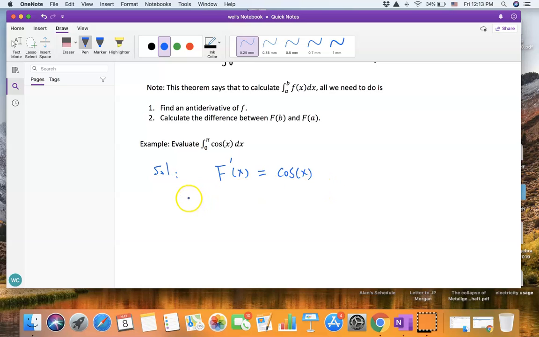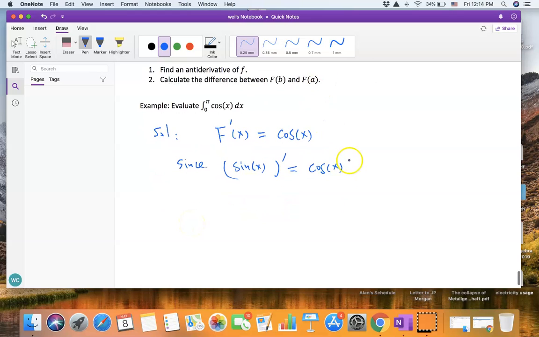And since we know the derivative of sine x is cosine x, therefore capital F(x) is sine x.